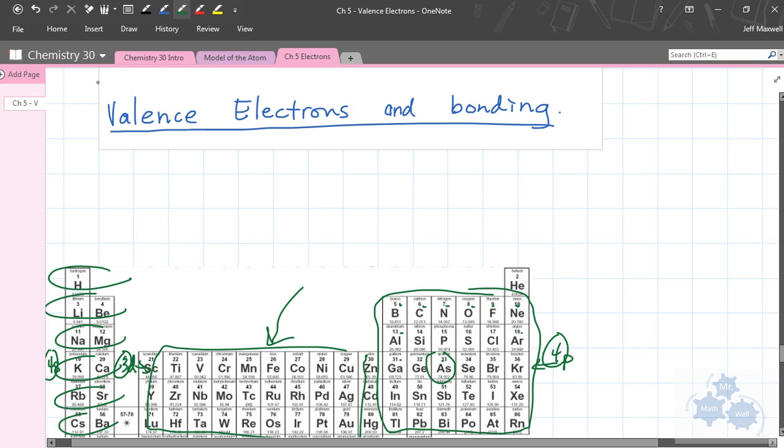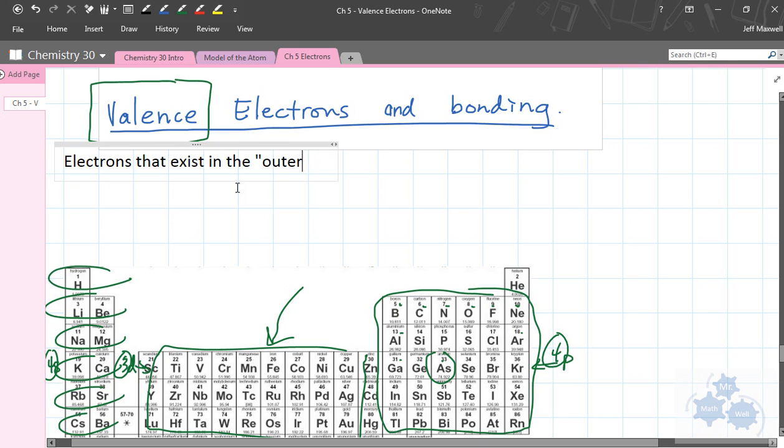And valence electrons, and you can write this down, are the electrons that exist in the outermost levels of the atom.